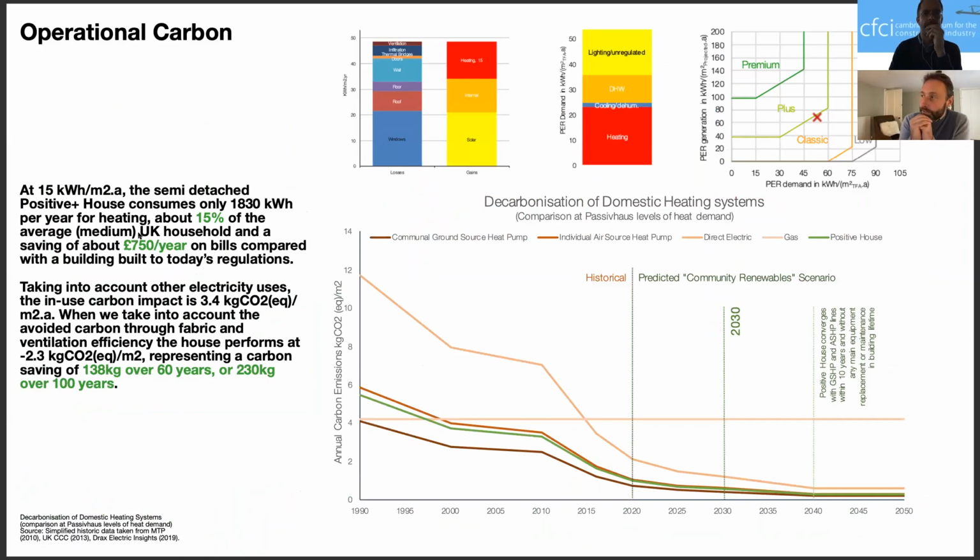In terms of the operational carbon, the best method to reduce the demand on energy is going to a passive house standard.